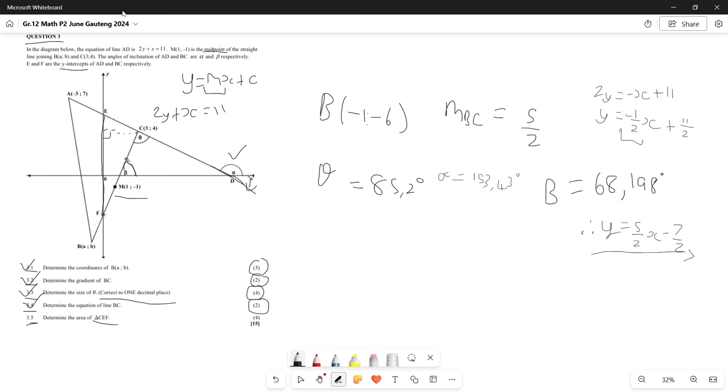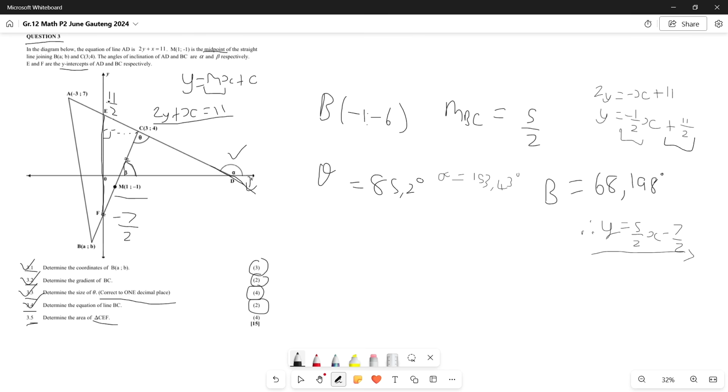Okay, so in order to get the length of EF, we already just calculated the equation of line BC. We know the y-intercept is -7 over 2, so -7 over 2 is the y-intercept over here. And then the y-intercept over here for E is what we calculated earlier for the straight line equation when we got this guy into our standard form, because plus 11 over 2 is the value here for E. So all we need to do is add 11 over 2 plus 7 over 2 to walk all the way from E to F. So we're just adding them up to get the distance here.